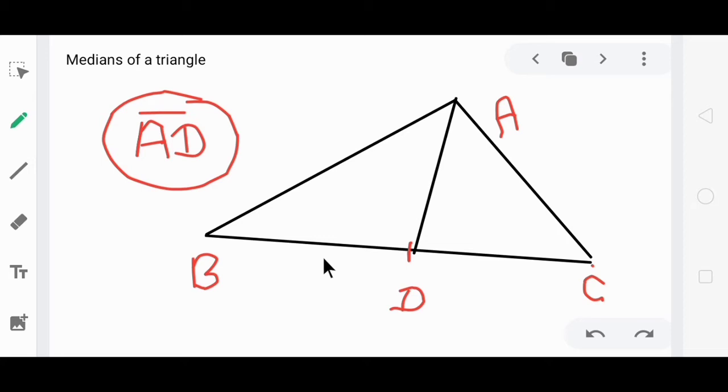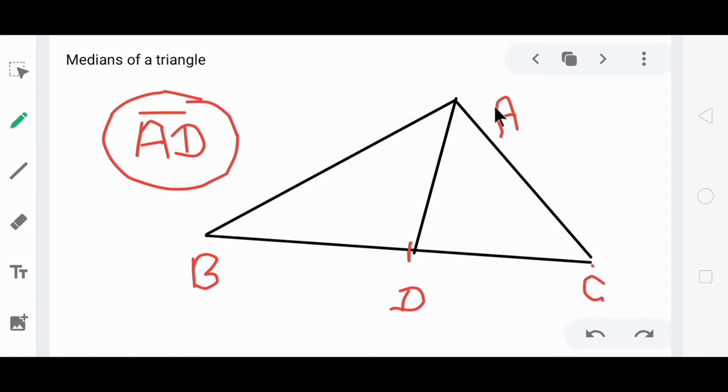The vertex which is just opposite to the side is called the opposite vertex. So a median is a line segment which is formed when we join the midpoint of the side and the opposite vertex.